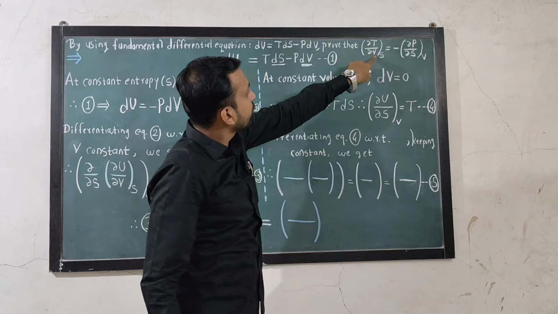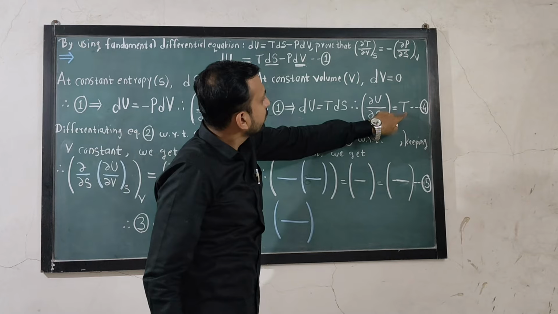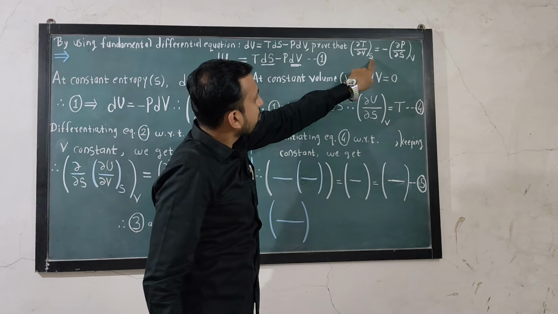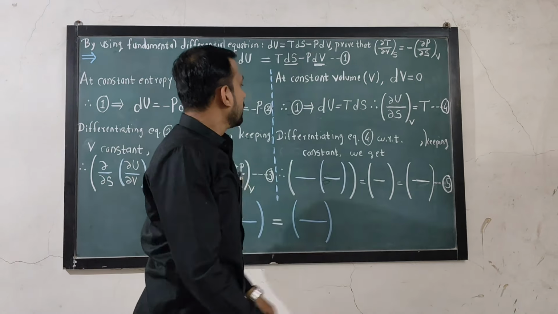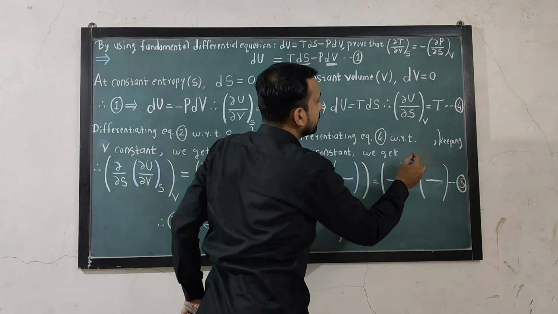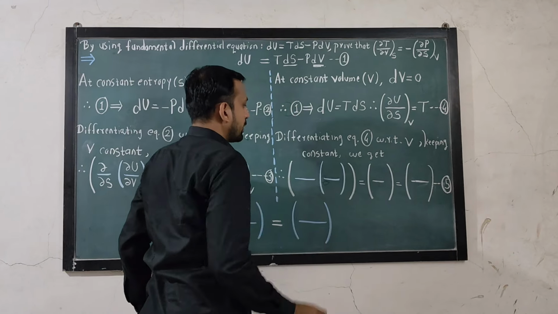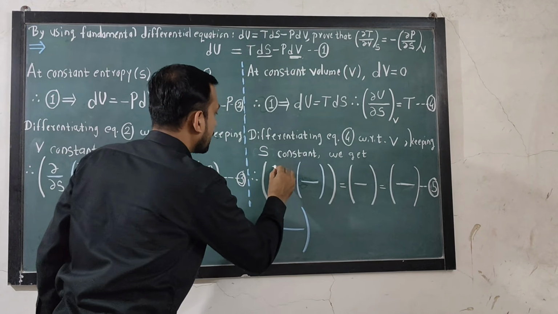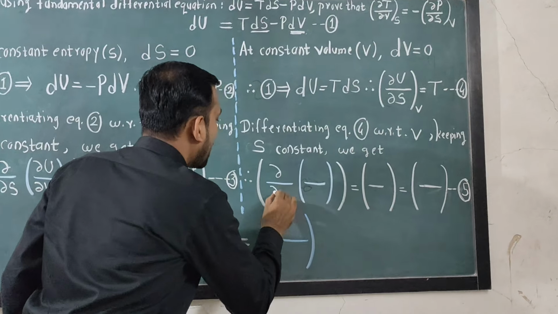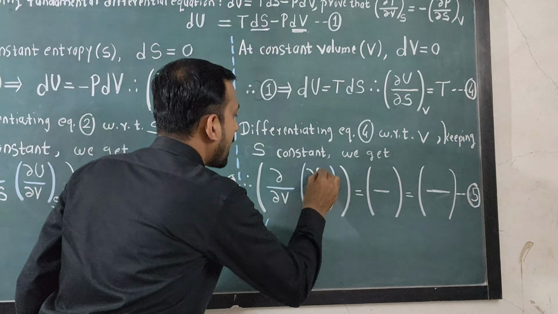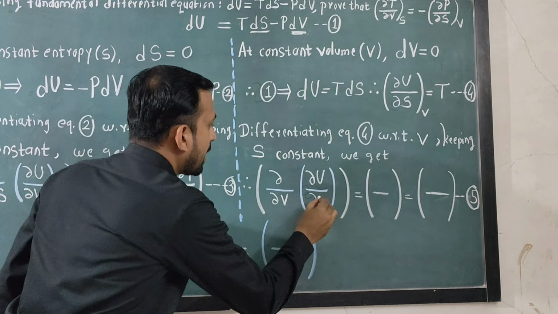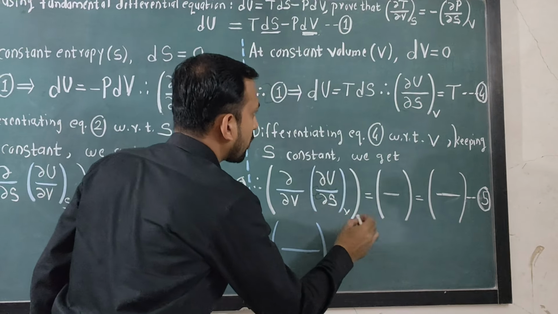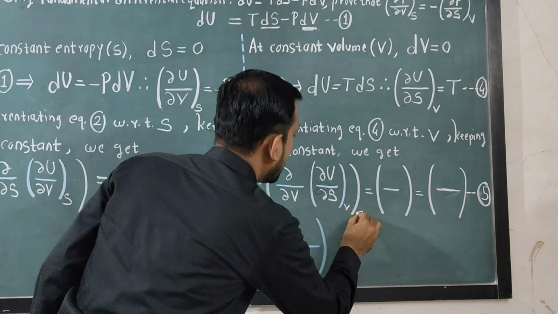Again, we have to adopt the hint from here. That is, we have to differentiate T with respect to V, keeping entropy constant. Therefore, equation 4 we can differentiate with respect to V, keeping entropy constant. Then we can write partial by partial V, of partial U by partial S, volume constant, and overall entropy constant.